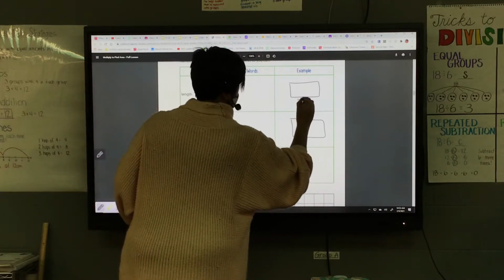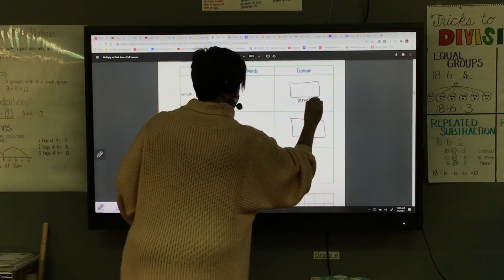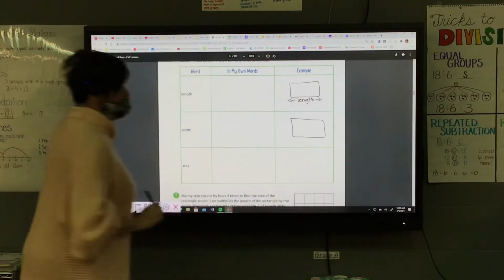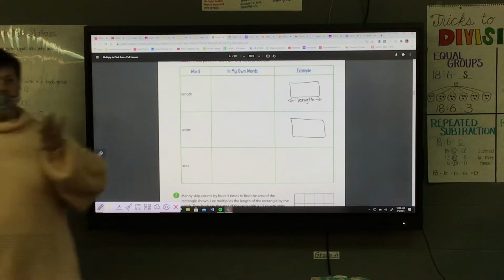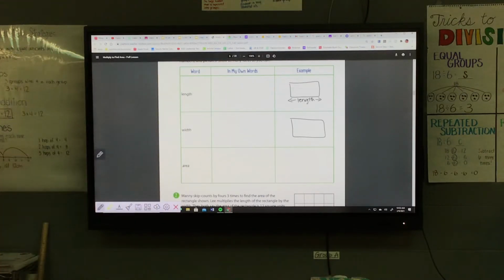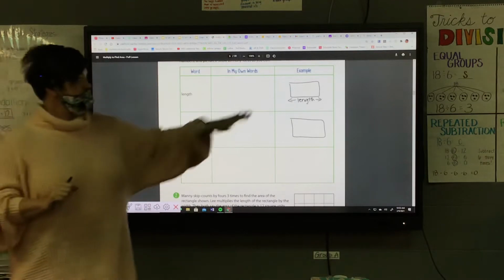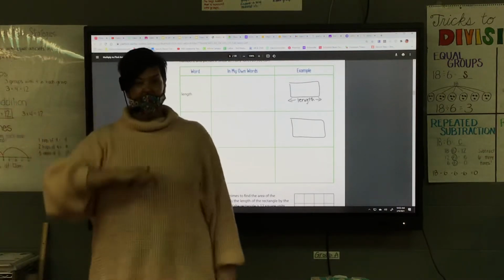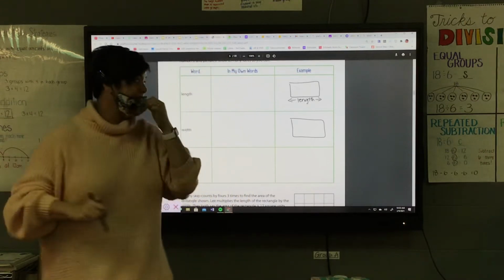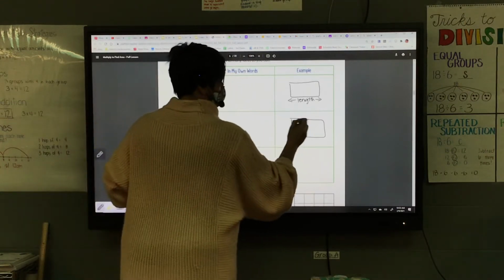So let's do this. Write it kind of small, the word length, and then draw arrows going out from each side of that word. So if that is our length, what is this? Our width. That is our width.